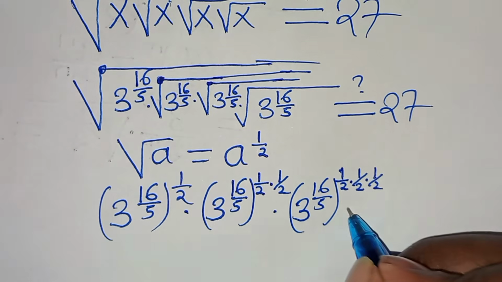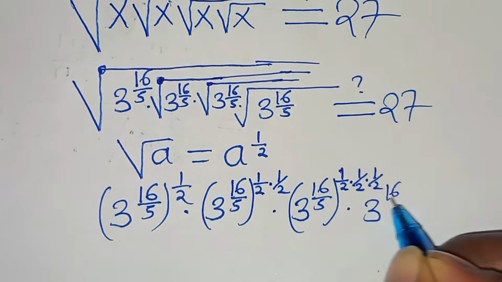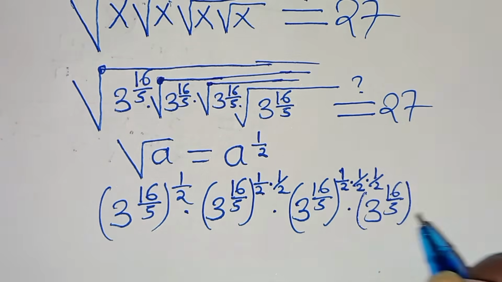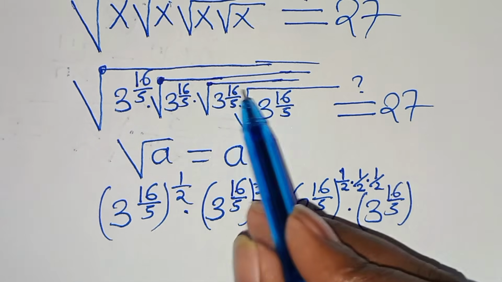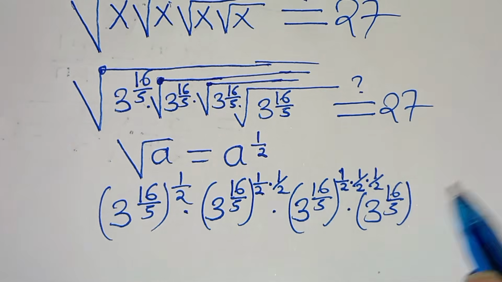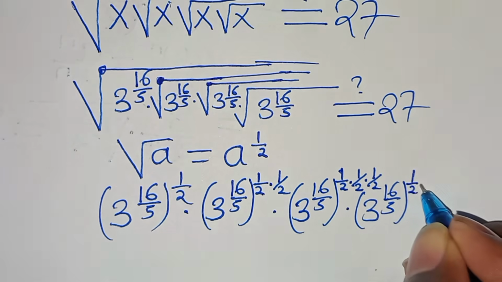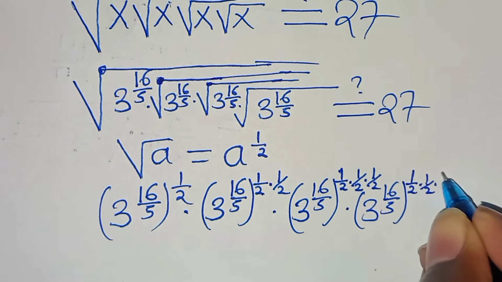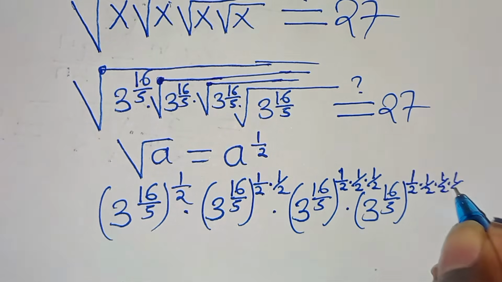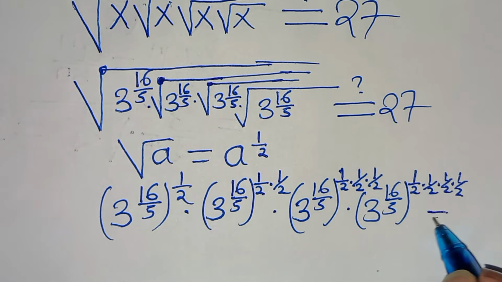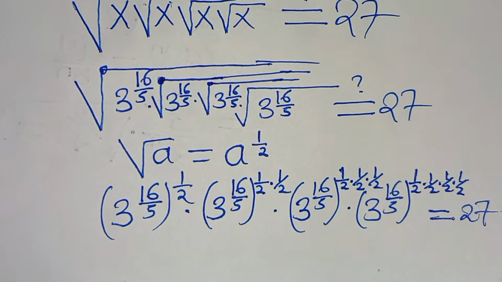And then again we have 3 to the power of 16 over 5 raised to the power of, we have 4 square root signs here. So this is a half times a half times a half times a half. This is supposed to give us a value of 27.